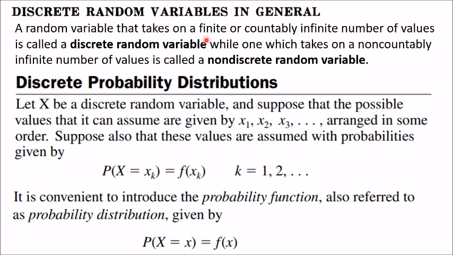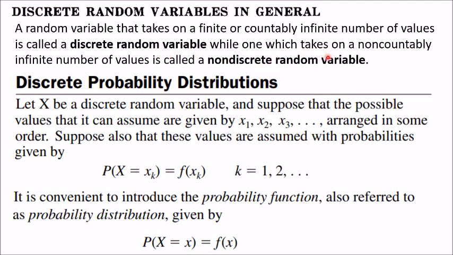Finite, okay, sakto. And then countably infinite, pwede ring infinite, but when we say countably infinite, that is we can form it in a sequence just like 1, 2, 3, 4 dot dot up to infinity. So countably infinite yun dahil meron siyang sequence. Makikita natin yung sequence niya na increasing.